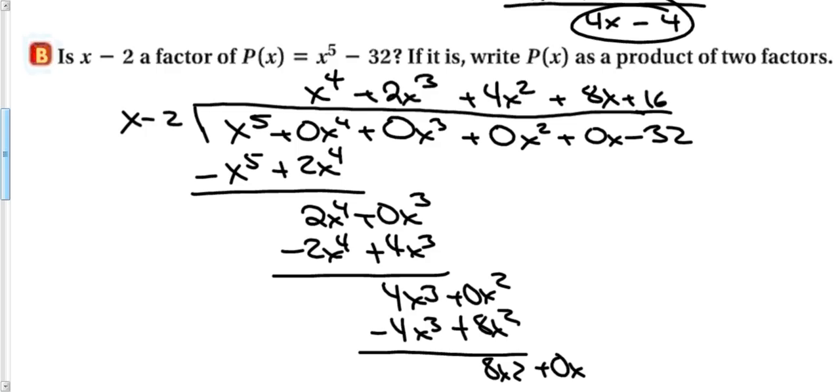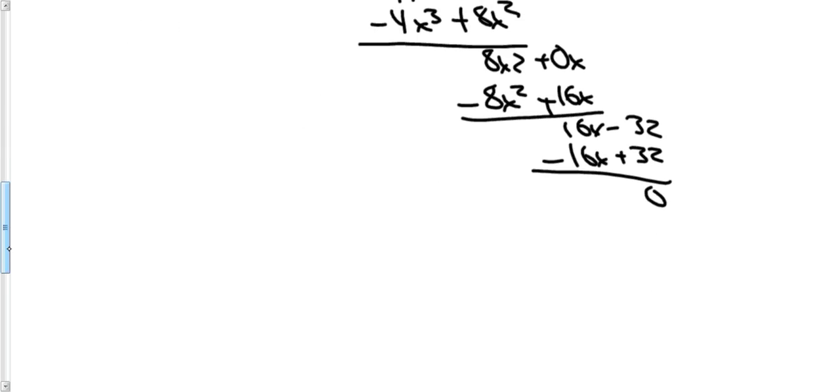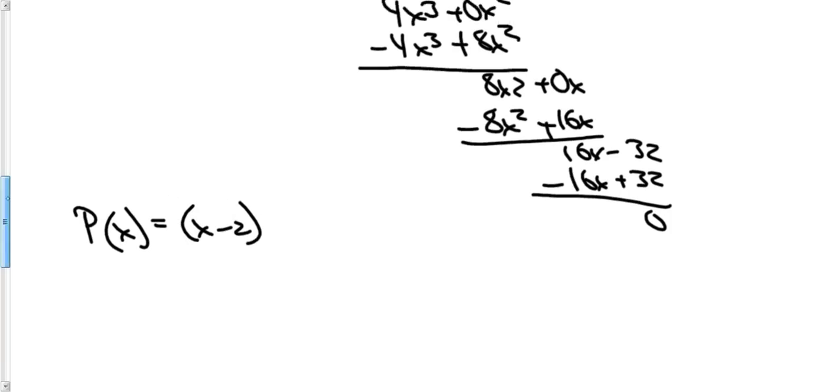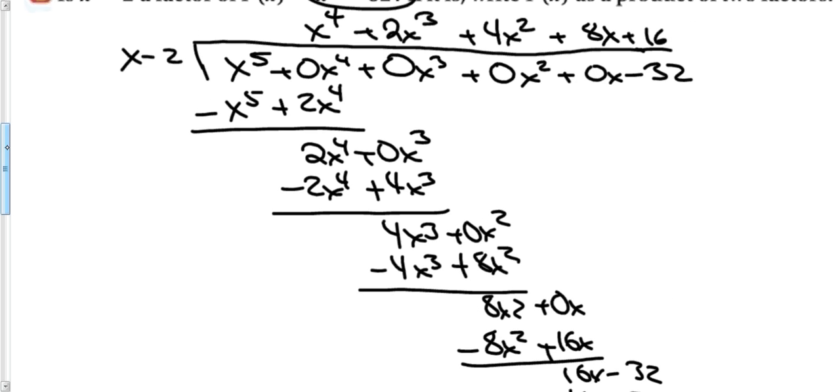So I can write p of x, so I can write this polynomial as the product of two factors. So my new polynomial is going to be equal to x minus 2 times my quotient, this thing right here.